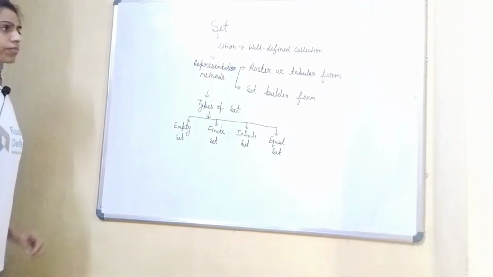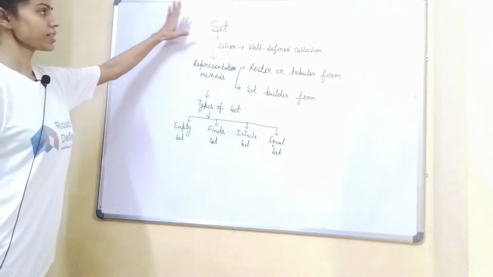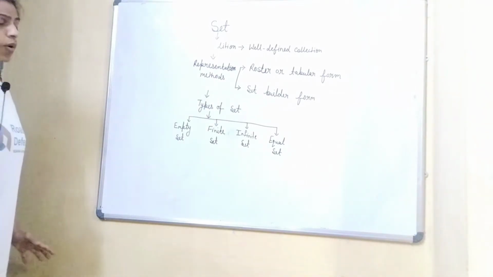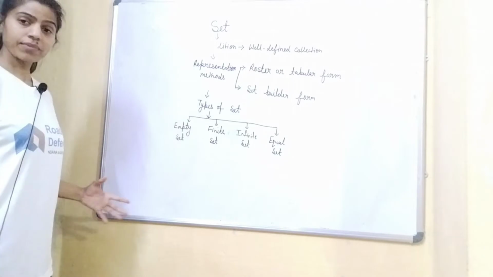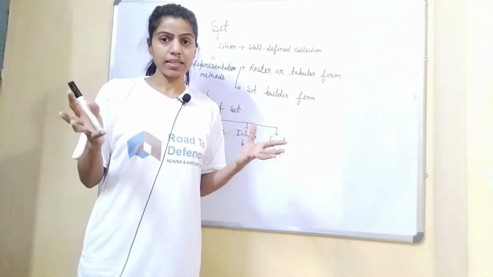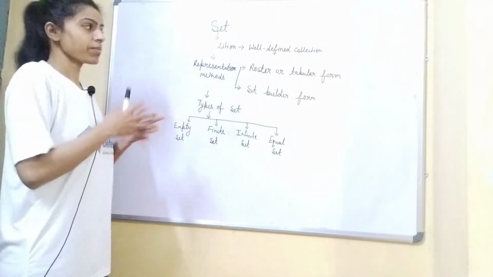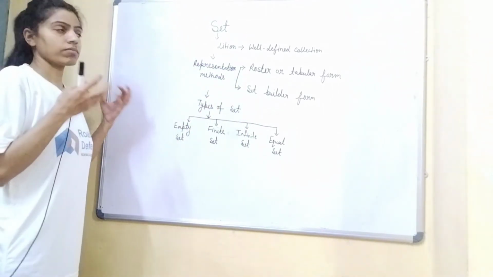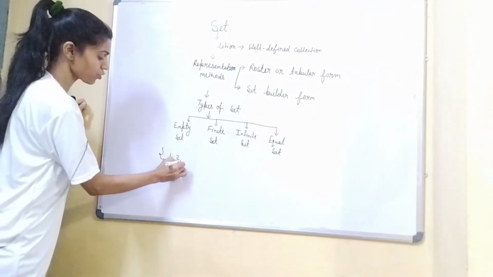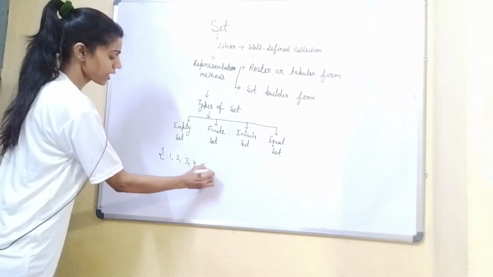So first, start with set. What is a set, students? A set is a collection. I can say that a set is a collection of any objects, right? So what does collection mean? Suppose numbers, a collection of numbers. Suppose I am writing 1, 2, 3, 4, 5, 6 and so on.